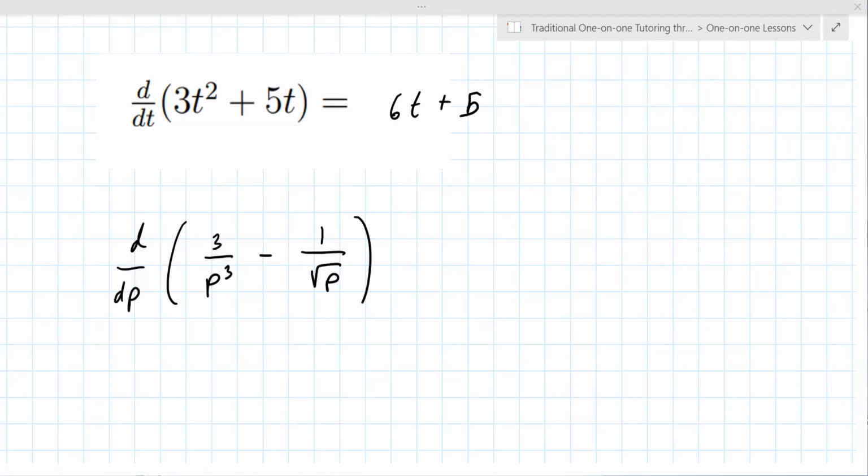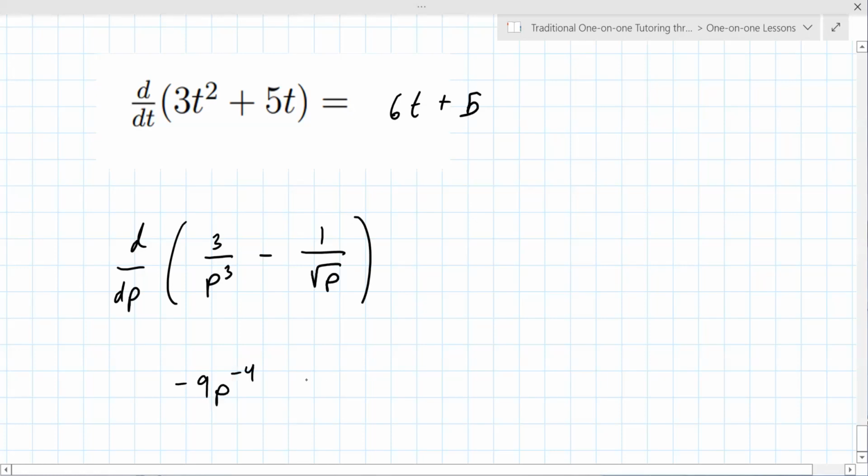Negative 9p to the negative 4th plus 1/2 p to the negative 3/2. I missed some of that. So let me give you, it's negative 9 p to the minus 4, and then it's going to be plus 1/2 p to the minus 3/2. Yeah, that's what I got. Okay. That's about as difficult as you can expect.